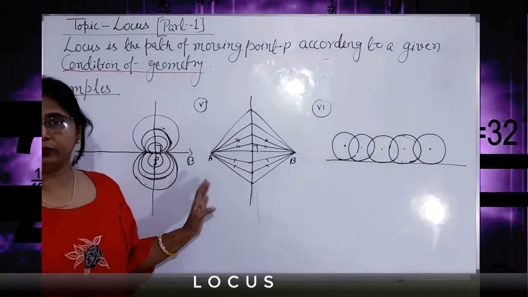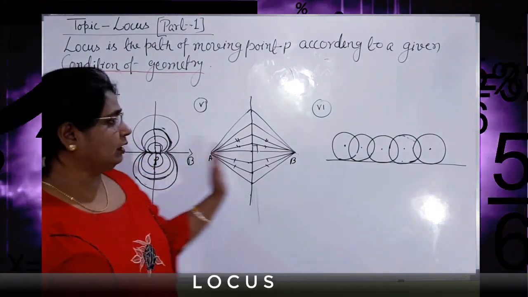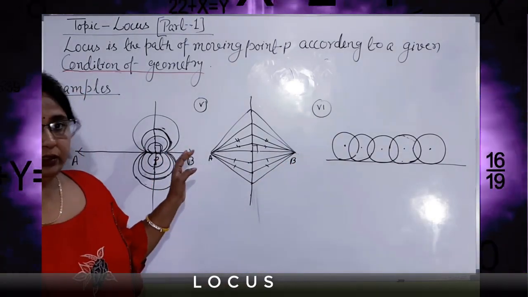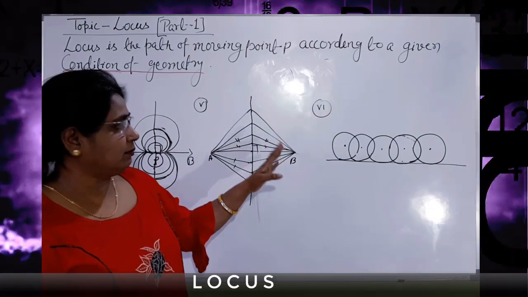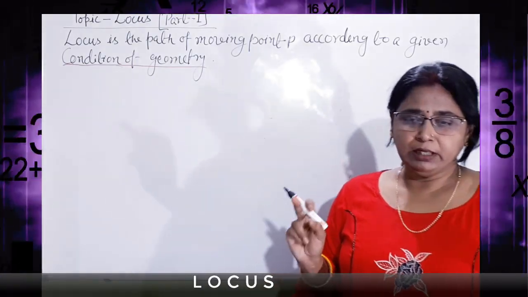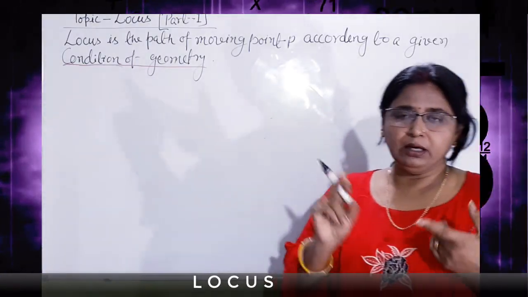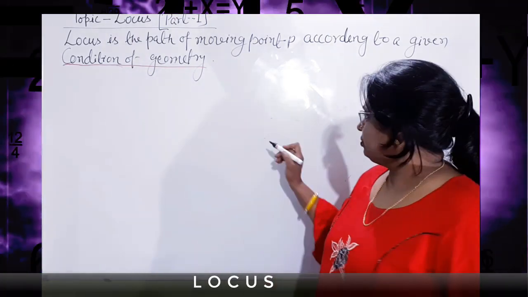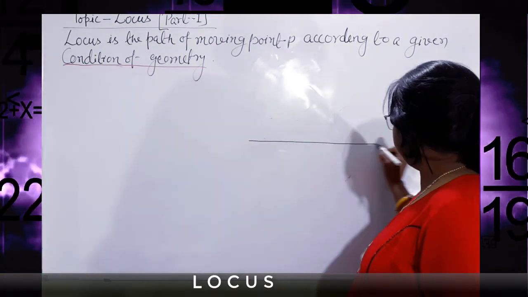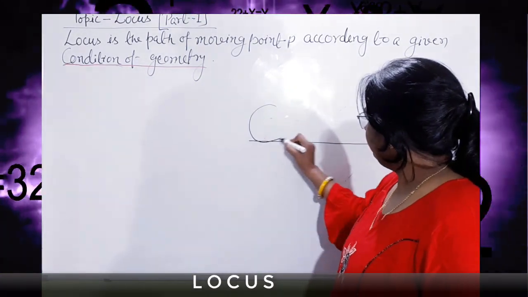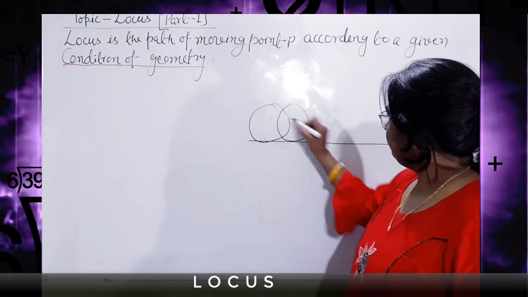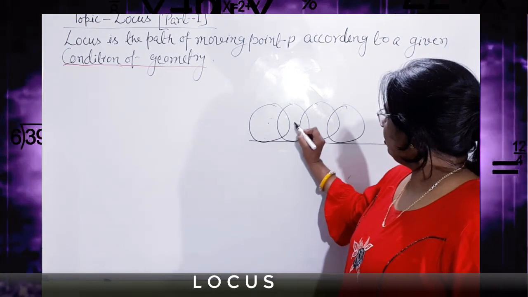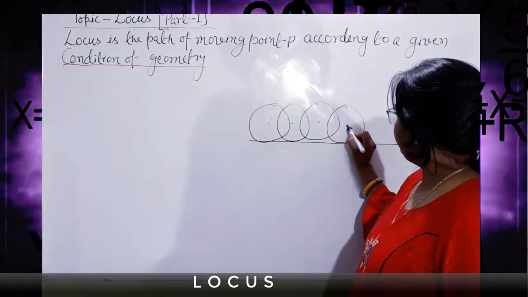That means under a geometrical condition, I am explaining the whole definition of locus. Now the sixth example, I am giving for a wheel. Suppose a wheel is moving on the road. Your bicycle is moving on the road. Then the center in each step of the wheel is like this.